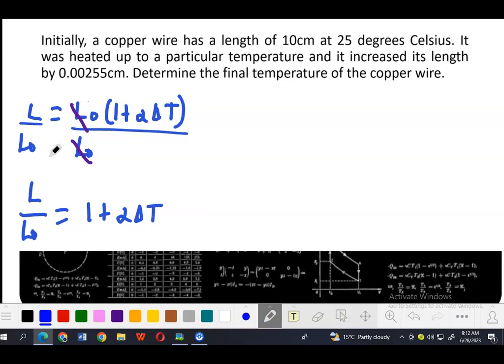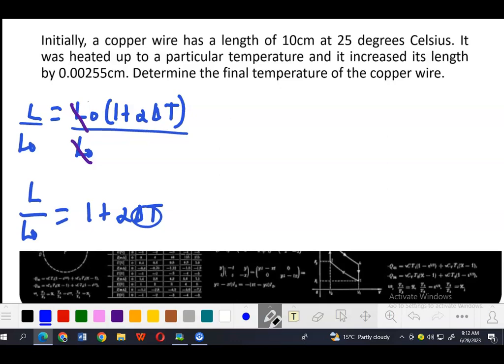But still, this is not the equation we want, because our target is to ensure that delta T is on one side.